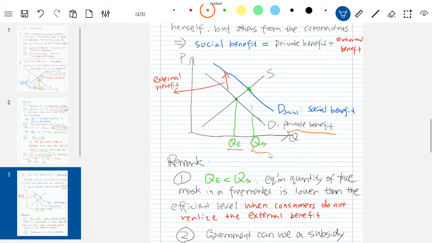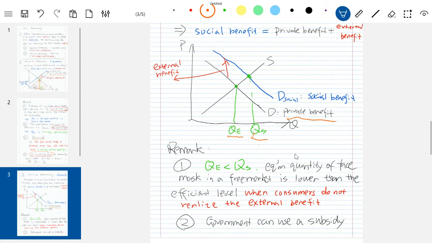And when this good has a positive externality, we find QE is actually less than QS, which means that the market in this case is underproduced. It didn't produce enough face masks as society needed.